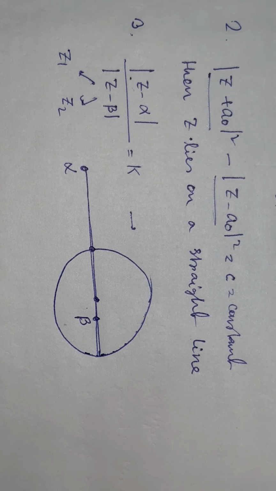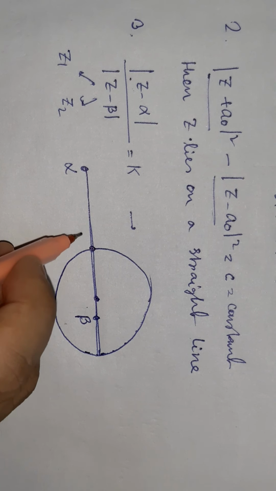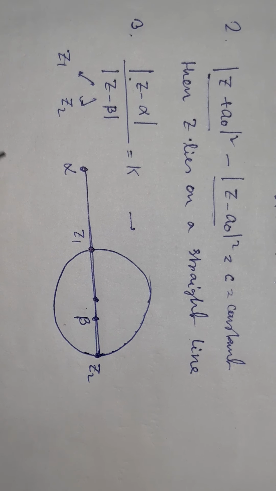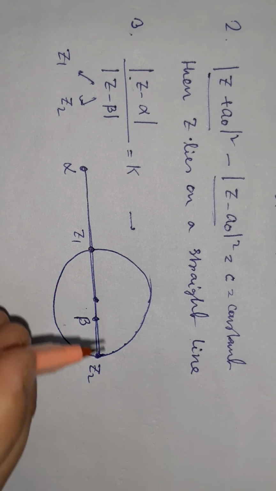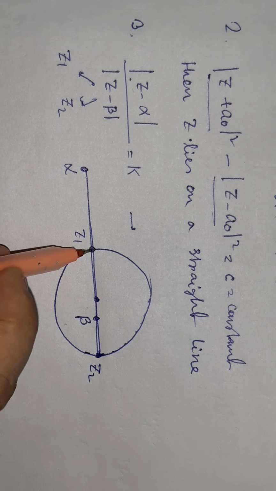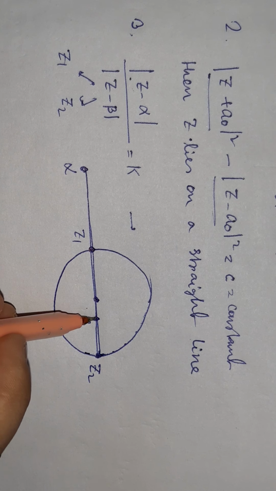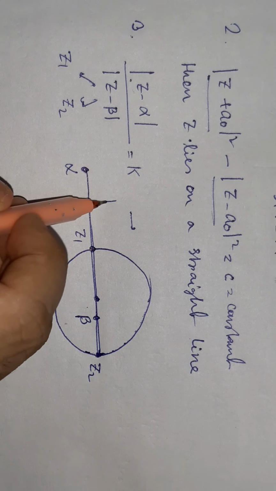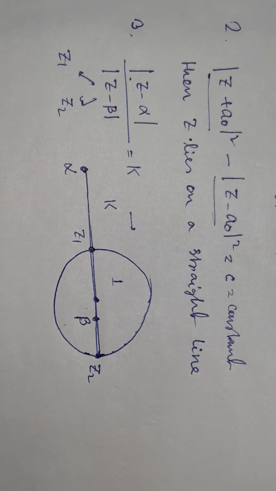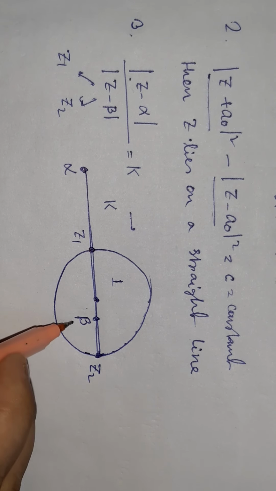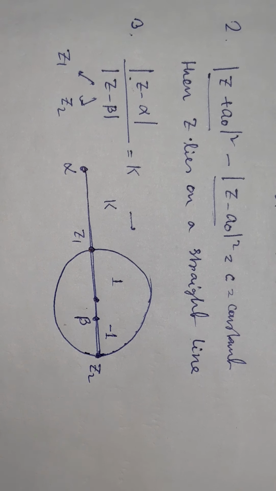The ratio with which z1 divides this length will be k:1, and the ratio for z2 and beta will be k:-1.